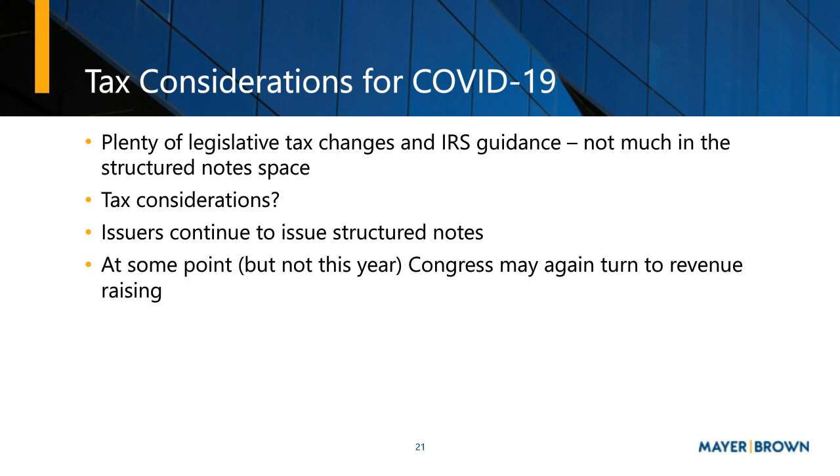But the final words I wanted to get out there are about the future of the tax treatment of structured notes. And as you've seen, the tax treatment has evolved over decades to where we are today. By and large, for instruments that are debt-like or that have a coupon, the holder is picking up current income.